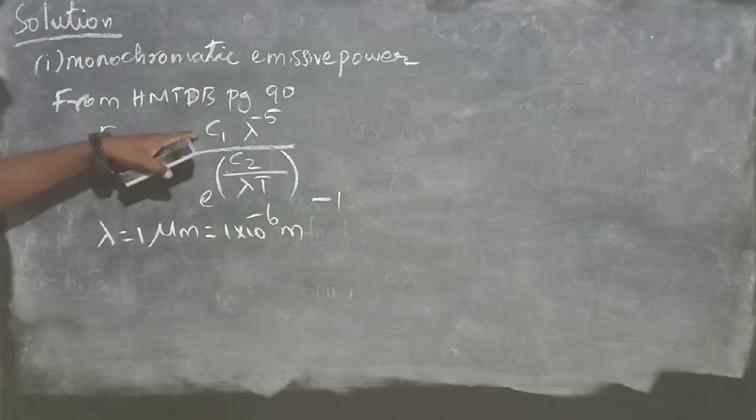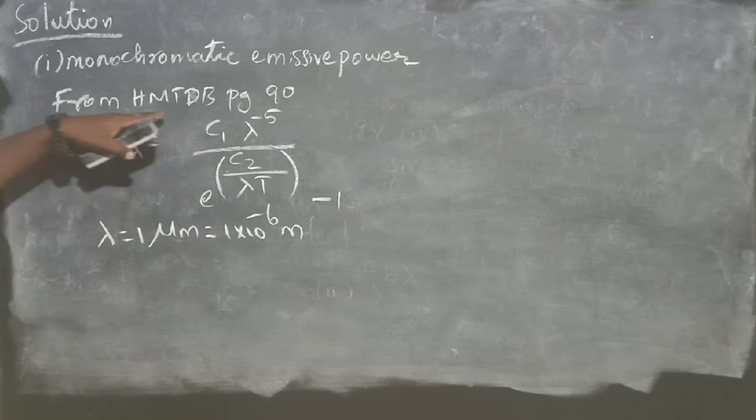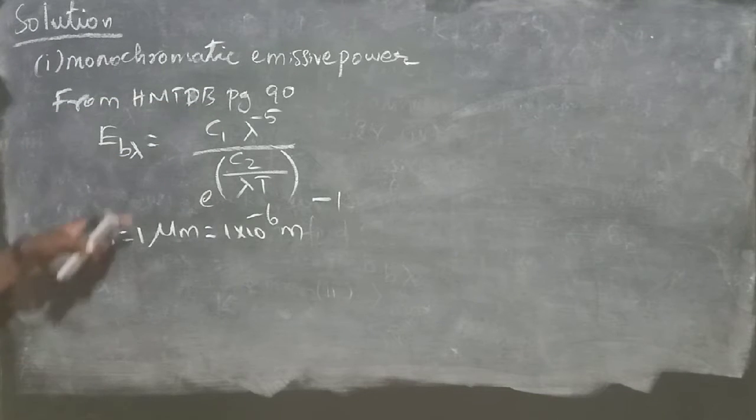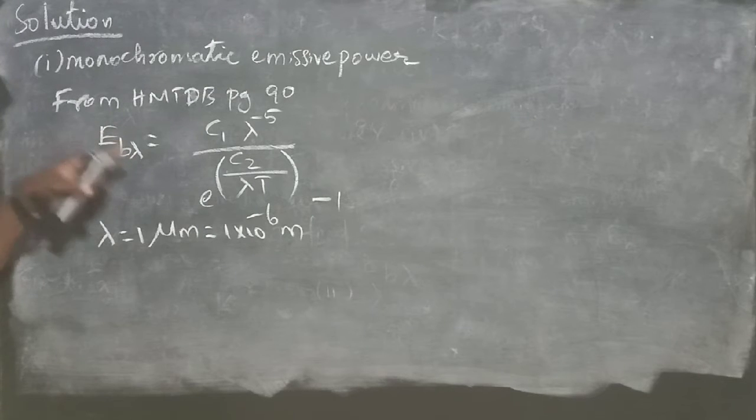Then C1 and C2 values are also available in the HMT data book, page number 90.